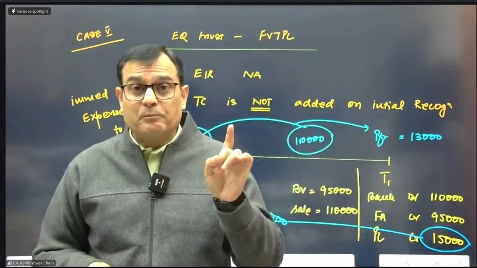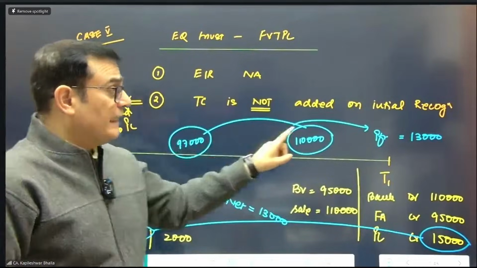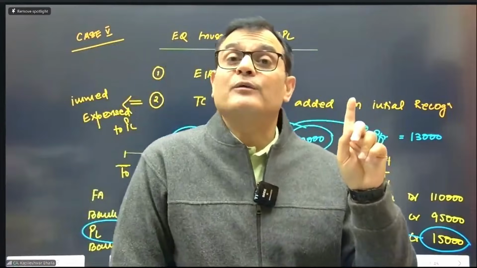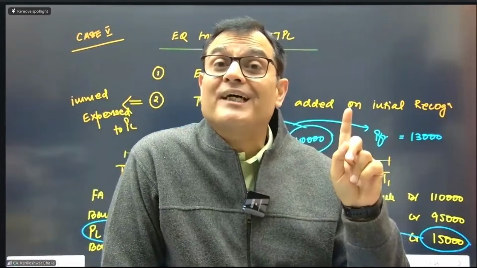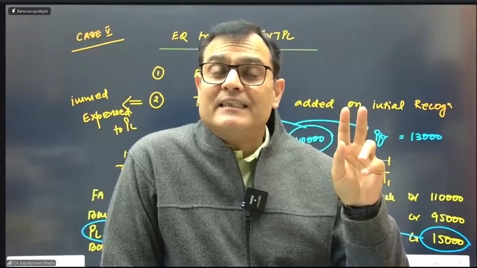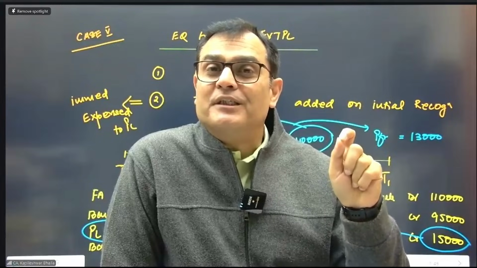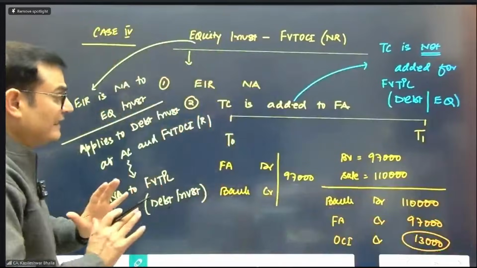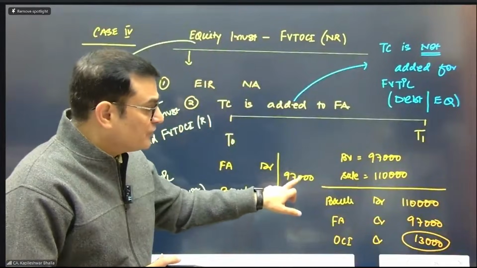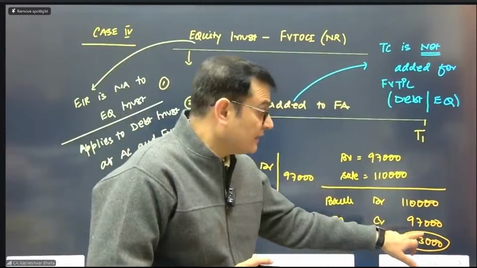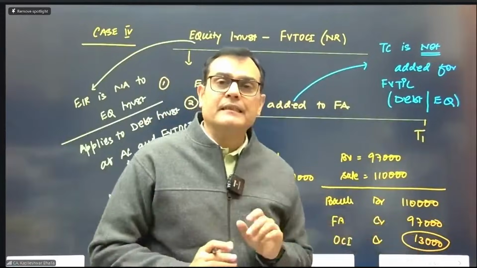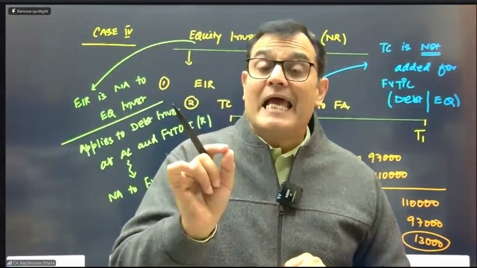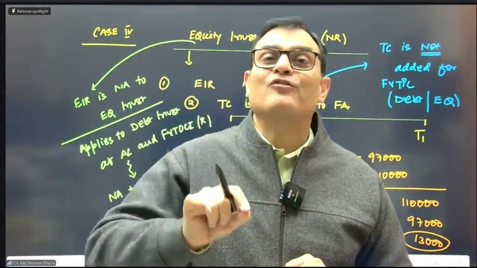But the interesting part is, in this case, it is entering the P&L. But in terms of OCI, the fair value gain or loss goes in the OCI at the end of the year. The TC is indirectly entering the OCI at the end of the year. Because when you take the difference of 97 and 110, this 13 is nothing but the 15,000 gain, with the TC netted off as well.